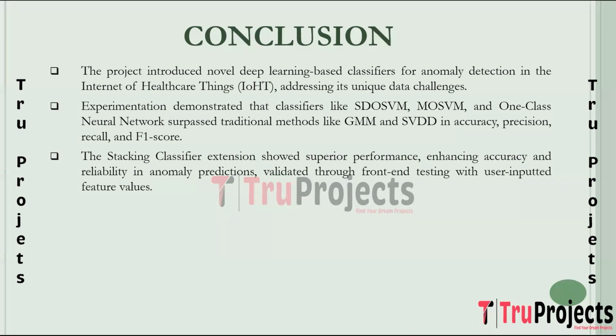The stacking classifier extension showcased superior performance during testing, exhibiting improved accuracy and reliability in anomaly predictions compared to individual classifiers. Front-end testing confirmed its effectiveness by accurately processing user-inputted feature values, underscoring its suitability for real-world deployment.